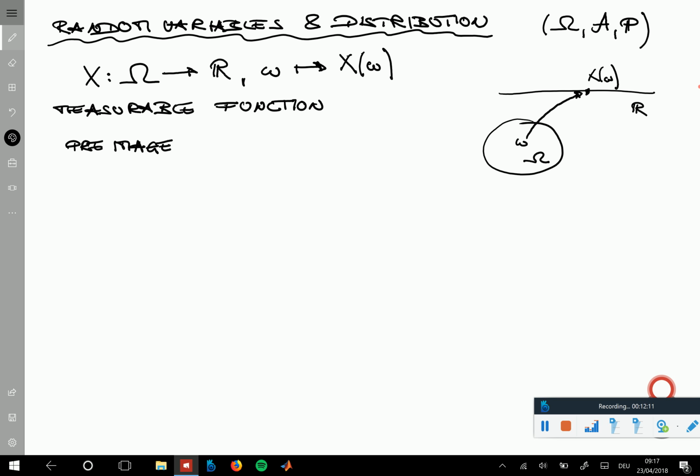Let's say we're dealing with a real-valued random variable, and say we have a set S that is a subset of the real numbers, for example an interval from A to B. That's a subset of the real numbers. It's not all the real numbers, it's just a subset. And we call this S.